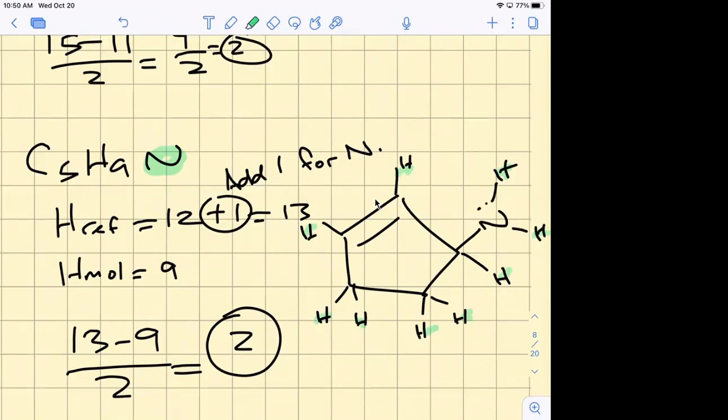Yes, Dr. Russell, go ahead. So degree of unsaturation, a ring counts as 1, right? Yes. Okay. So this is 1 ring and 1 pi bond. So this is 2 degrees of unsaturation.